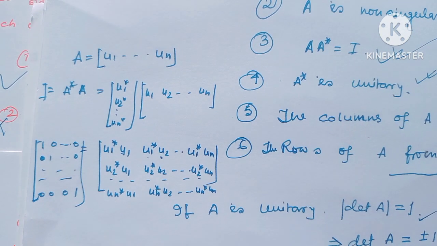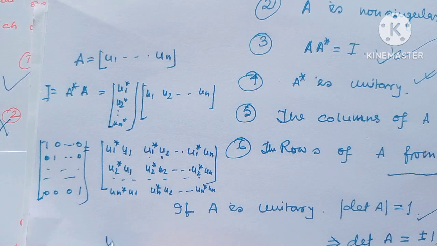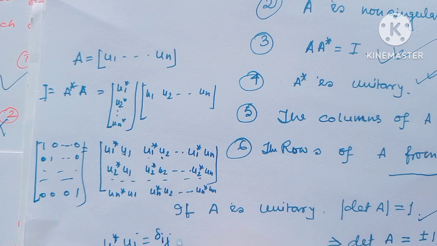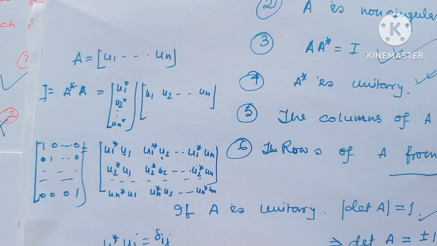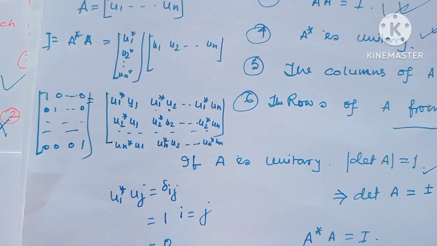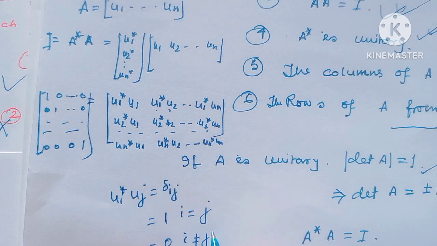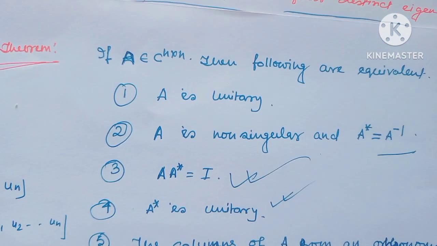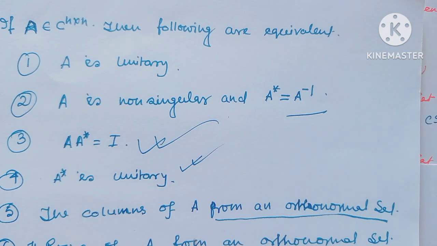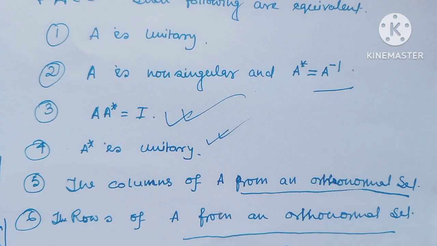So ui star uj equals delta ij, which is 1 when i equals j, and otherwise 0 when i is not equal to j. That means the columns of A form an orthonormal set. Similarly, the rows of A form an orthonormal set. I hope all my viewers have understood these properties of unitary operators.